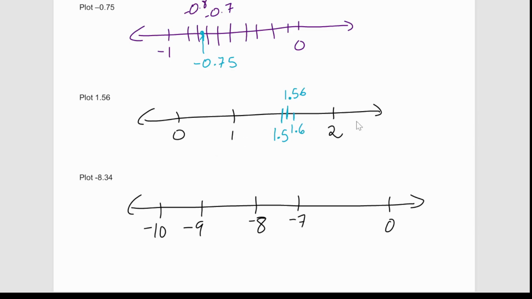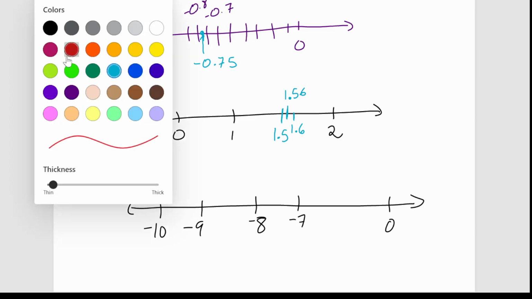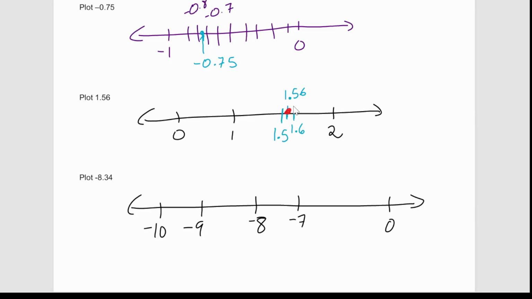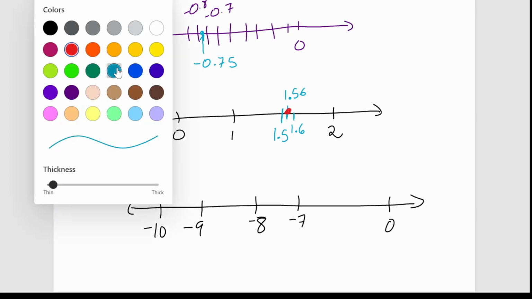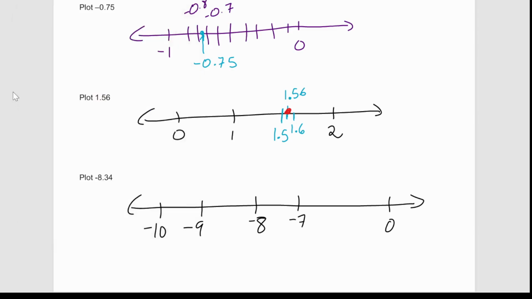You also could have formally divvied this up into 10 equal pieces, but if we're just estimating, this is what I would consider a good approximate estimate of where 1.56 is, because really this is just a visual that you want to keep in the back of your mind so that you have good number sense on where these numbers should end up.